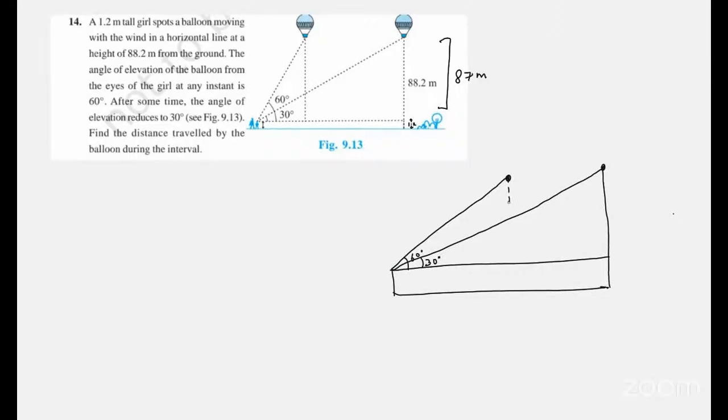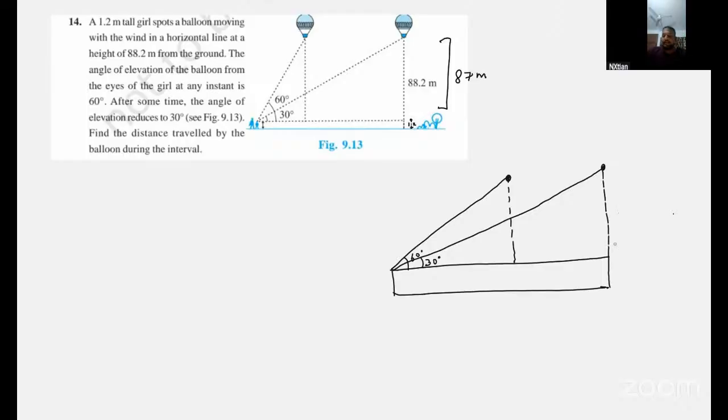Sir, in this question the diagram is given, so we just need to label it. Yes, label A, B, C, D, E, F, G. Now I know some values.